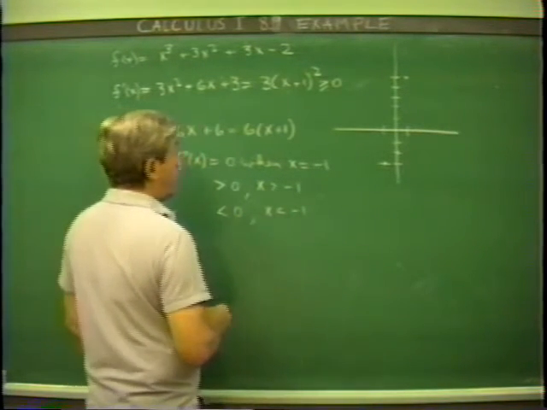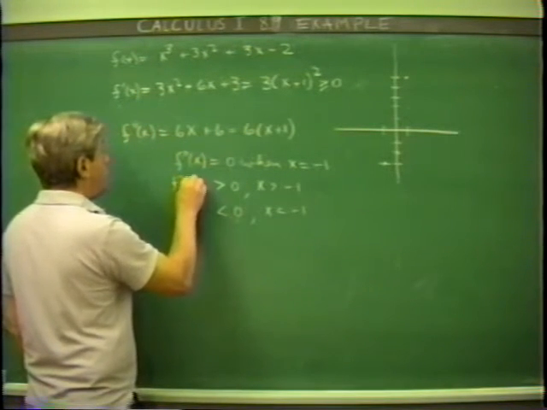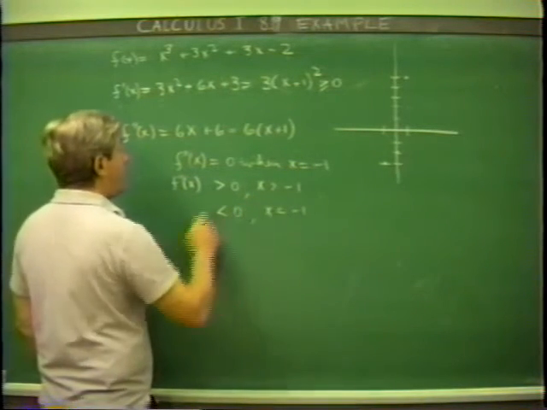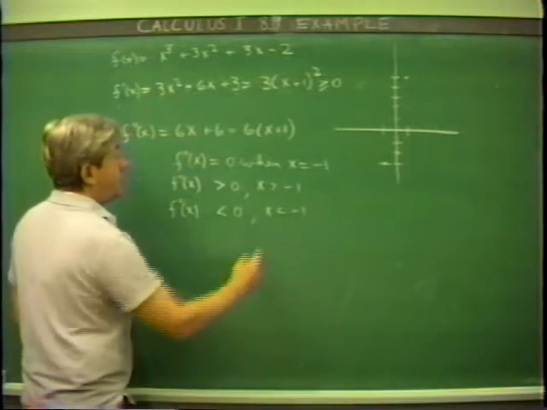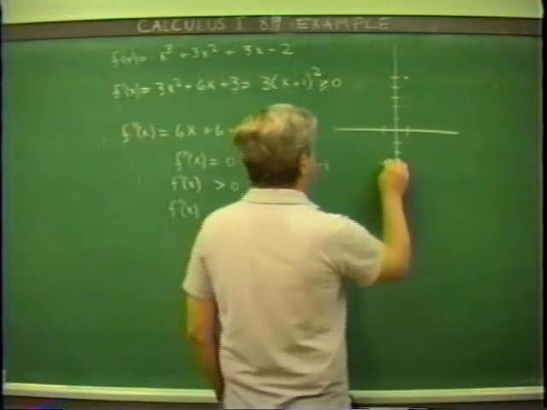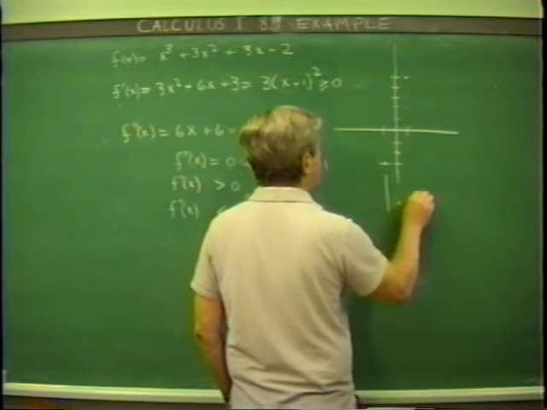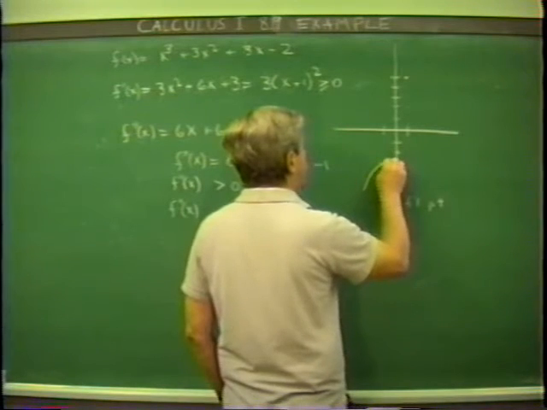And it's less than 0 when x is less than minus 1. So, consequently, the function is going to be concave up when x is greater than minus 1 and concave down when x is less than minus 1. Right? Minus 1 is going to be an inflection point.